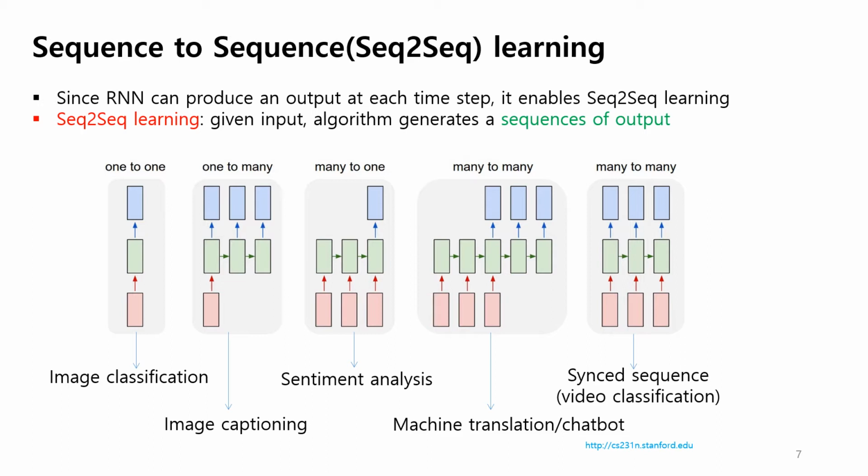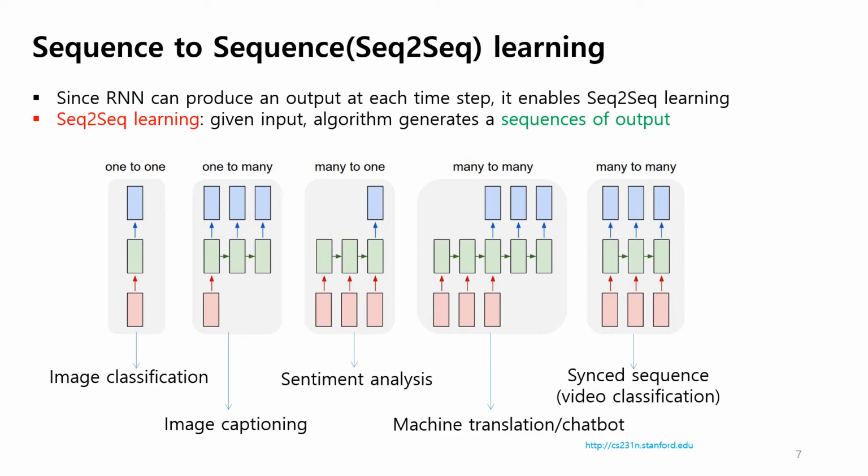Actually, this is called sequence to sequence learning. The basic assumption of RNN is that it is meant to process sequence data, and I also said the advantage of RNN is that it produces a sequence of output.